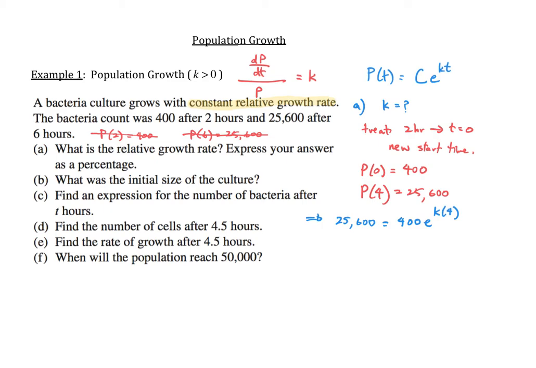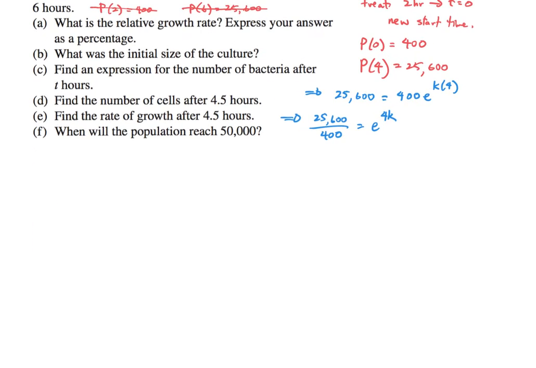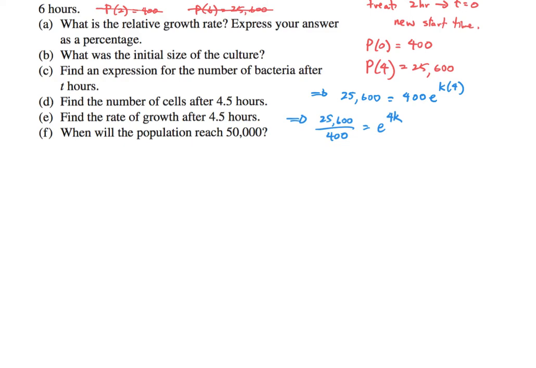I simply divide both sides by 400. I get 25,600 divided by 400 equal to e to the kt, e to the 4k. Now I take the natural log of both sides, which gives me 4k is equal to the natural log of 25,600 divided by 400.